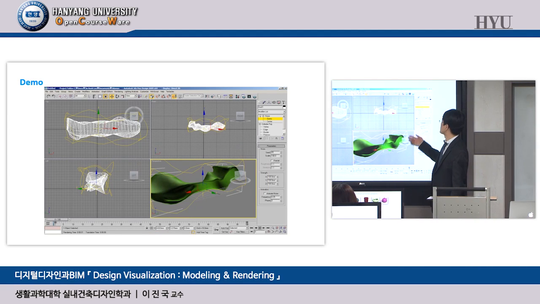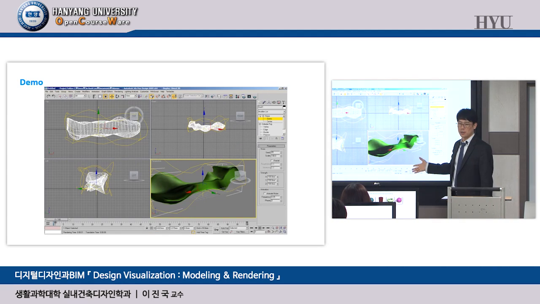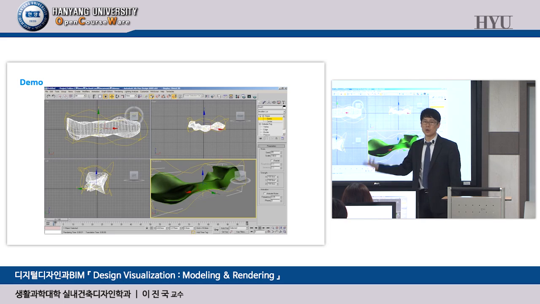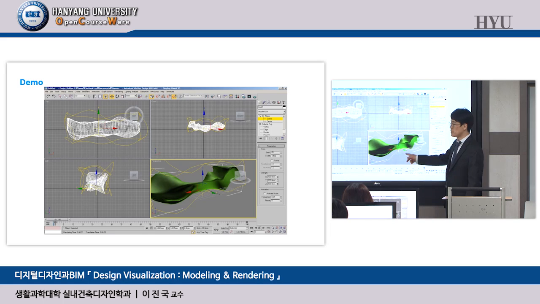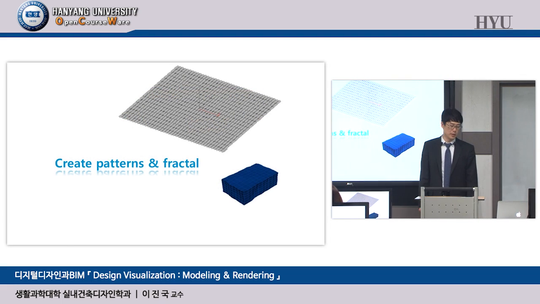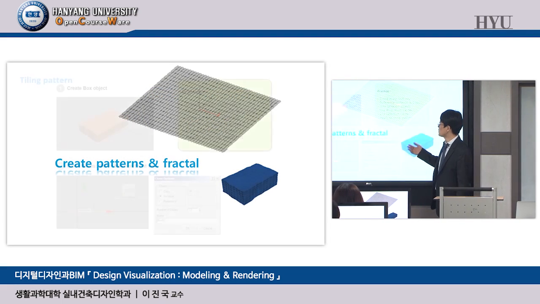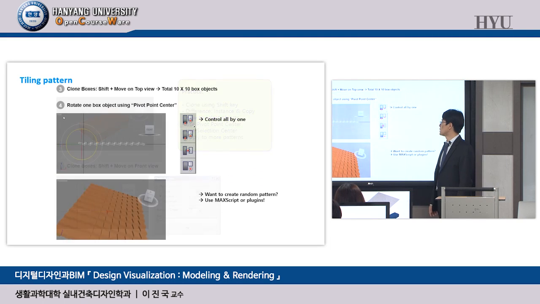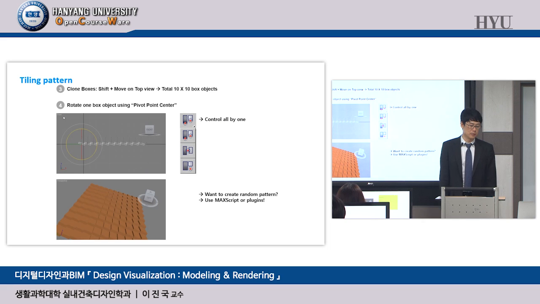How about this one? Some noise, some fractal, some automated modifiers create this kind of geometry or modify your geometry, similar to FFD or some knobs curve. Today's lab exercise we're also going to apply those techniques, and some patterns, fractal, those things. Actually, we're going to quickly move to the next slides.